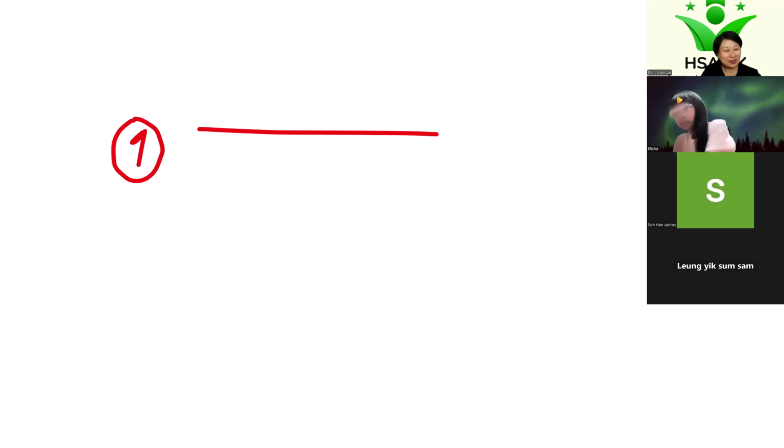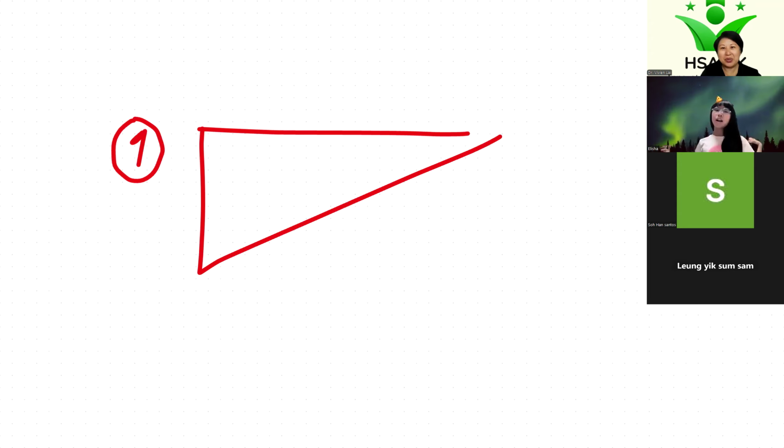I give you an easy question, Sam, because this triangle stands nicely. You have the right angle, you have theta. Sam, identify AOH.